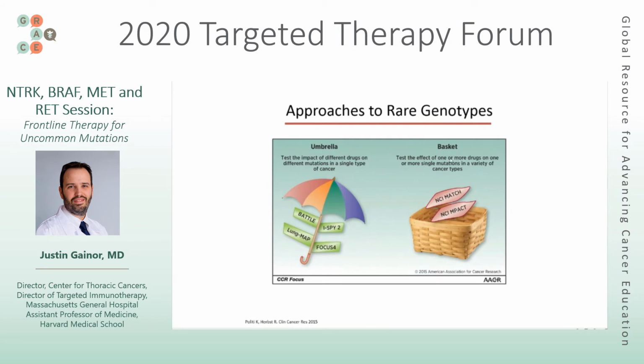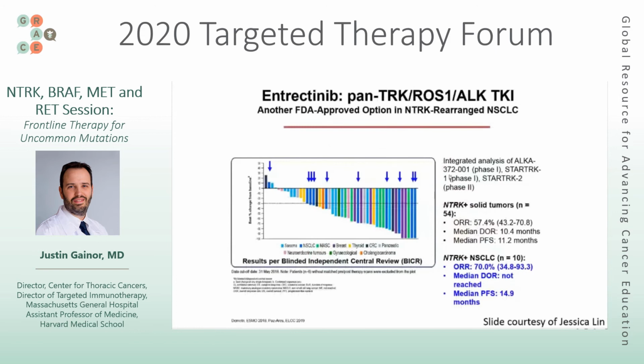The NTRK inhibitors were tested in a basket study, which is essentially testing one drug, usually against one mutation, but in a variety of cancer types. And I know you already had a talk this morning on tumor agnostic approaches, and this is really a tumor agnostic approach.